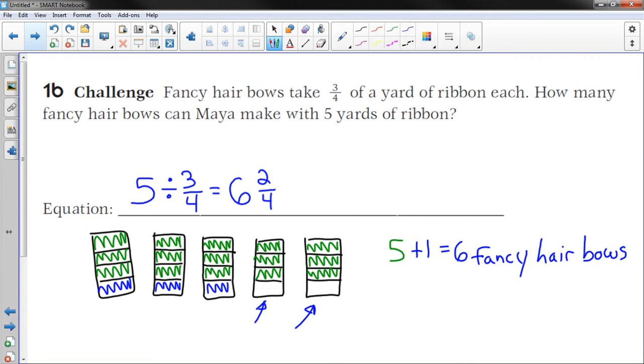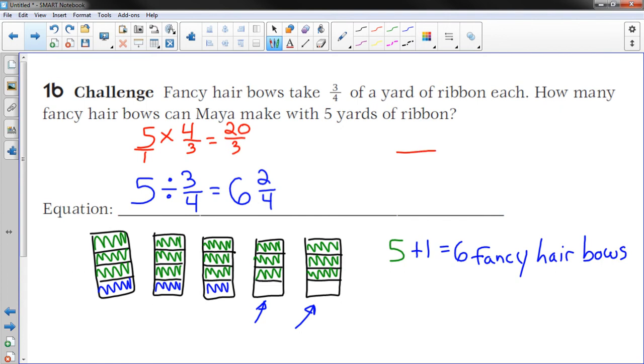So remember, mathematically, I can just do 5 times 4/3. Remember, the number 5 can be written like that. 5 times 4 is 20. 1 times 3 is 3. And remember, that's a division problem.